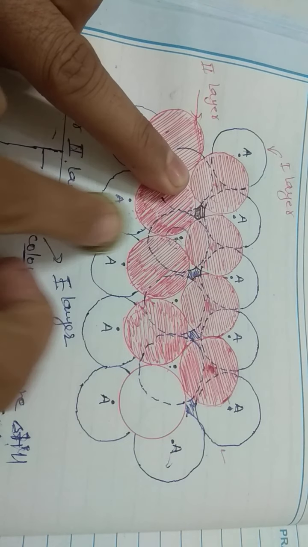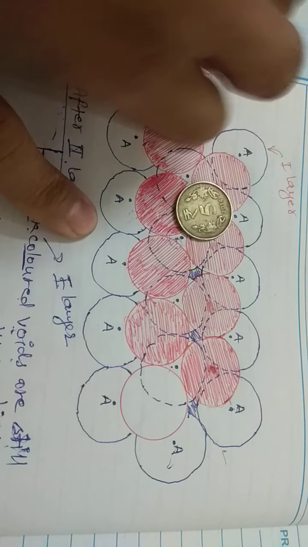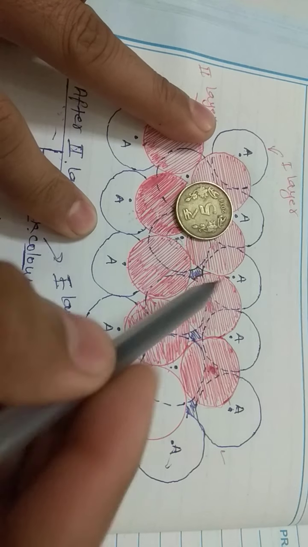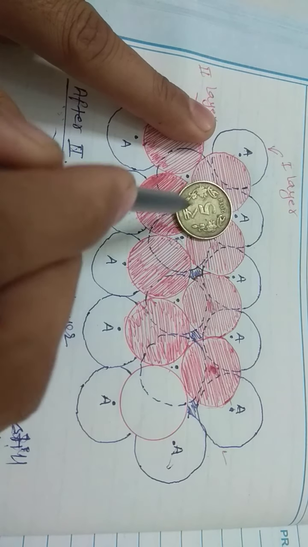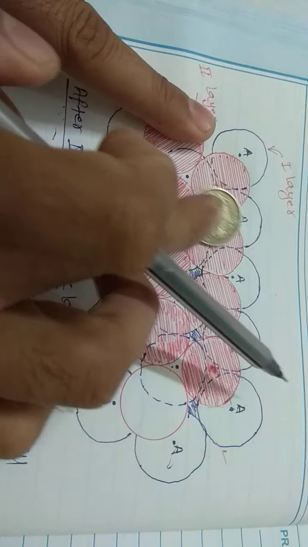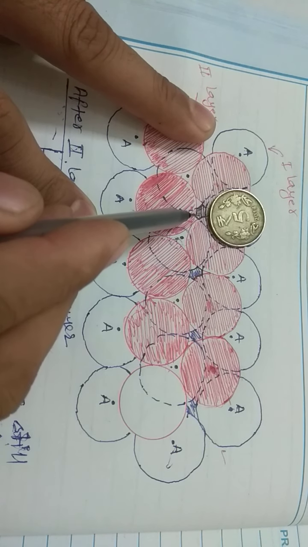Now what I will do, I will put a particle here. So class, you can see clearly that A is not occupied now. But if you occupy A, let me place it on A, then you see black is unoccupied. So you have two choices.